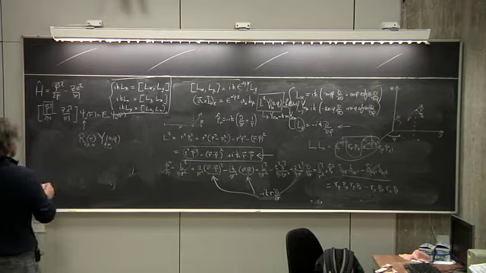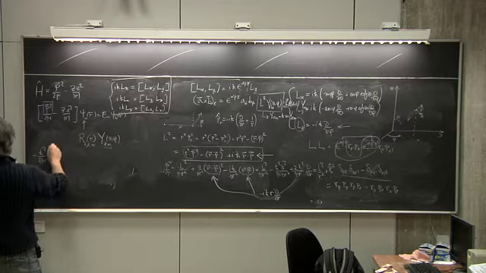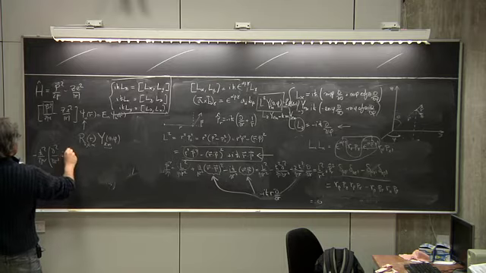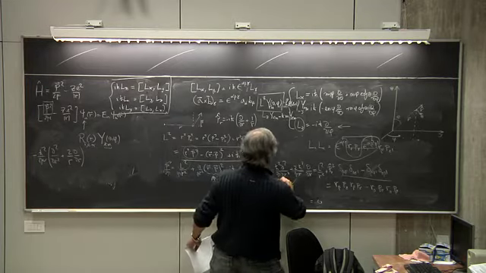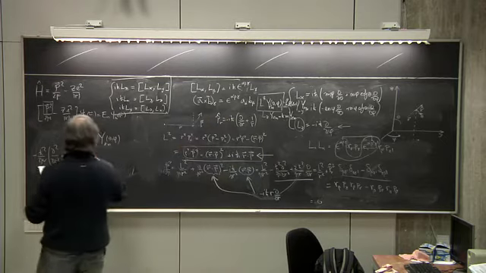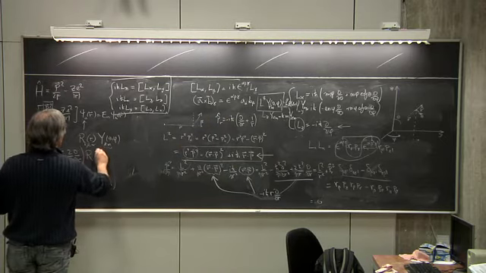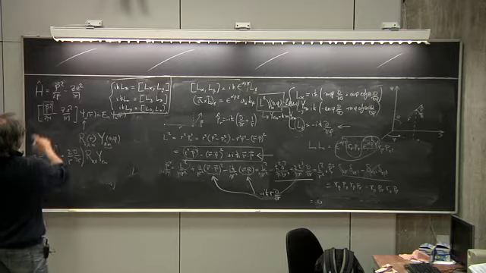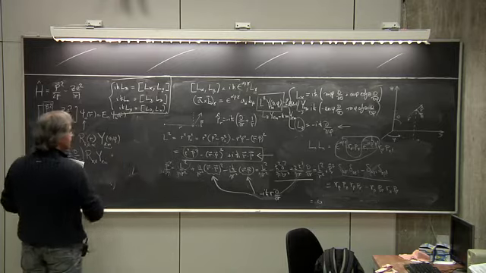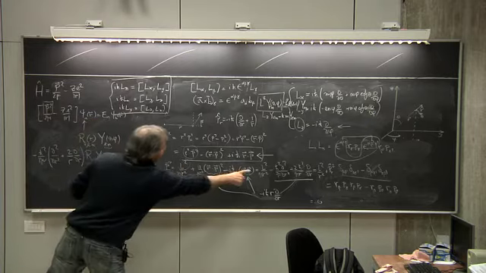I have minus h bar square over twice the mass times the second derivative with respect to r plus twice over r the first derivative with respect to r. This is essentially these two pieces, multiplying r and y, okay?